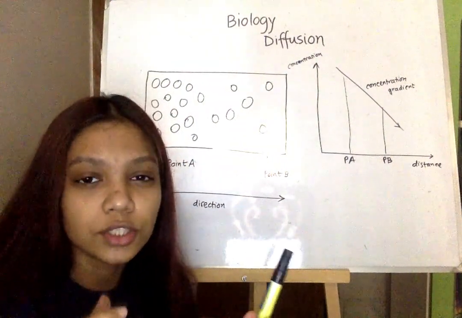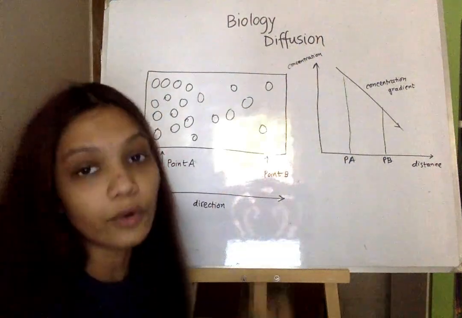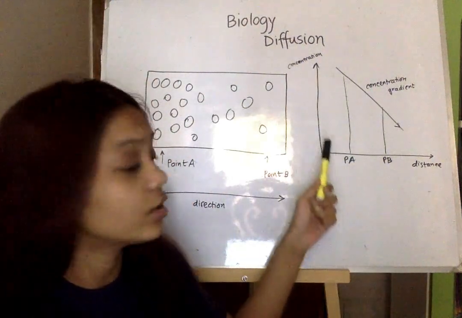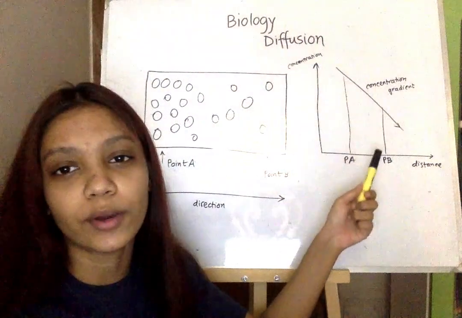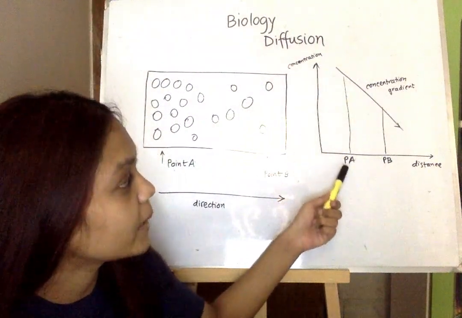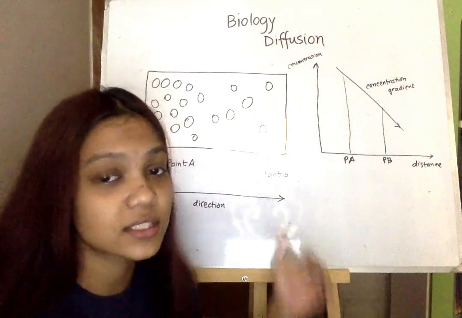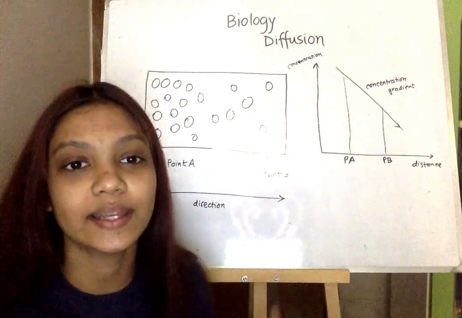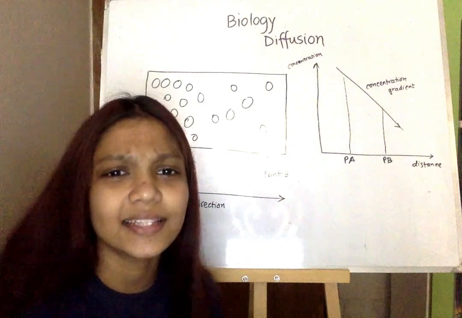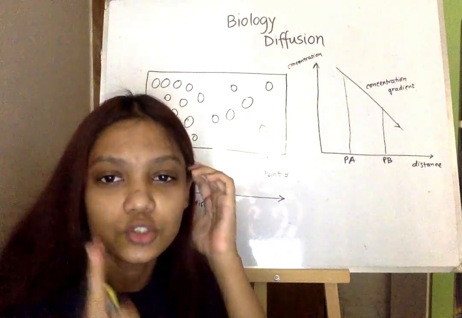There is a concentration difference between these 2 points, and when we join the concentrations at these 2 points, where their values are measured by the height of the lines, we get a straight line that is sloped, or has a gradient. This line is the concentration gradient between these 2 points.